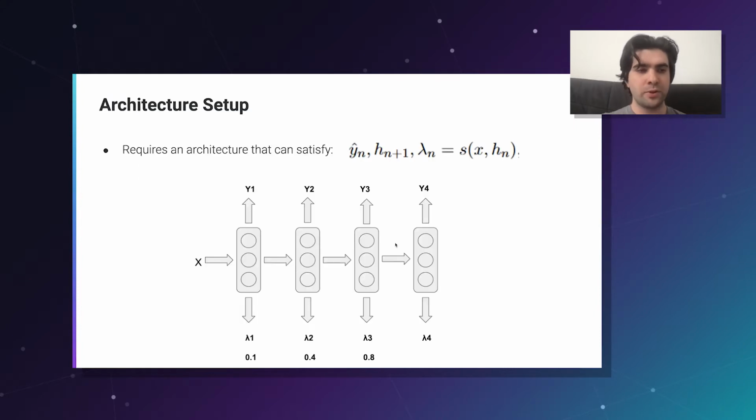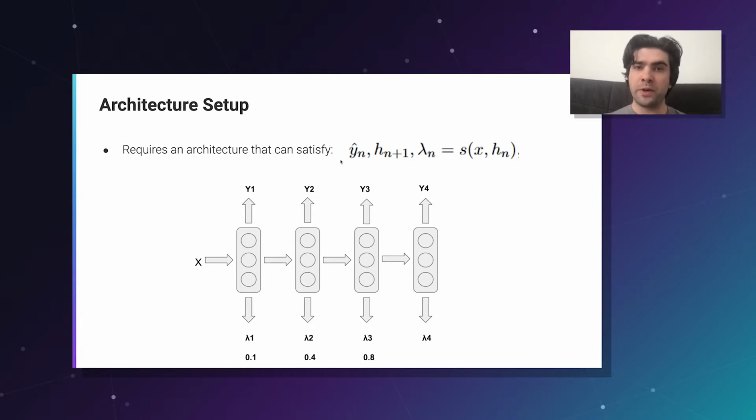So yeah, let's jump into some of the more formal architecture setup. And essentially, it's pretty simple for PonderNet. All that we really require is this step function S. And this step function S will just take some hidden state n and your input x and produce some prediction, the next hidden state, as well as this lambda sub n for each step.